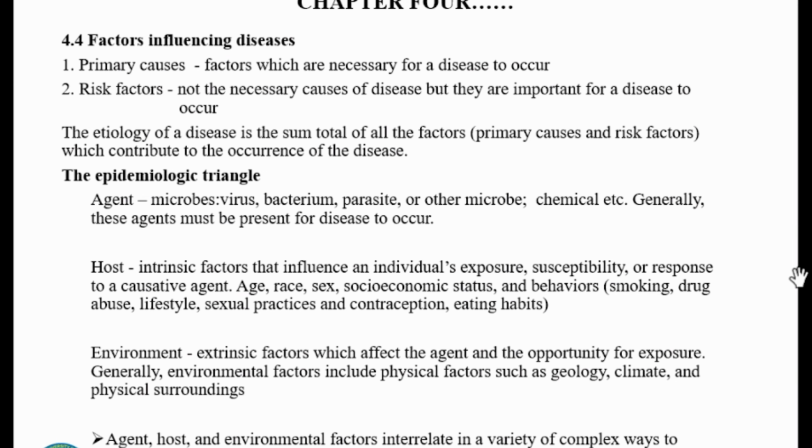They can know how to work on it in order to protect against unwanted pregnancy. But also we have the issue of eating habits. We have other behaviors like smoking or drug abuse. And that differs from one person to another.